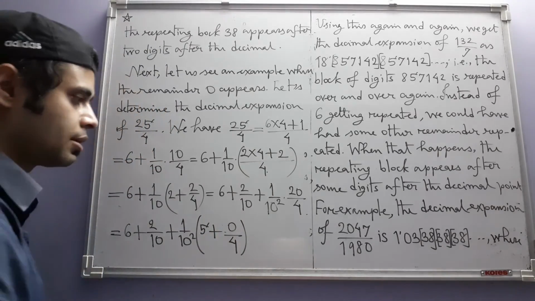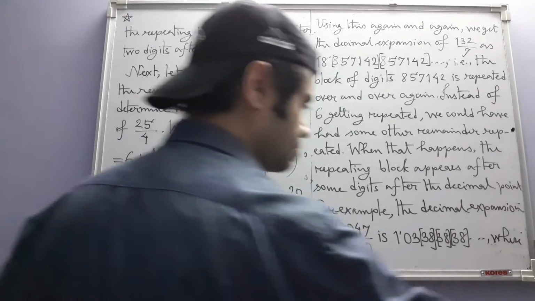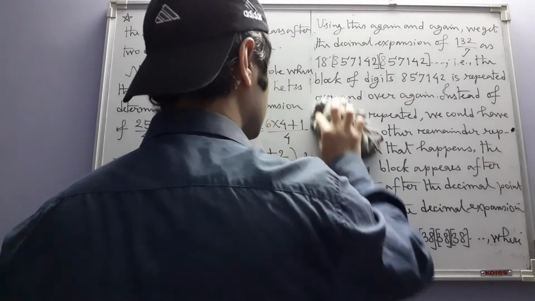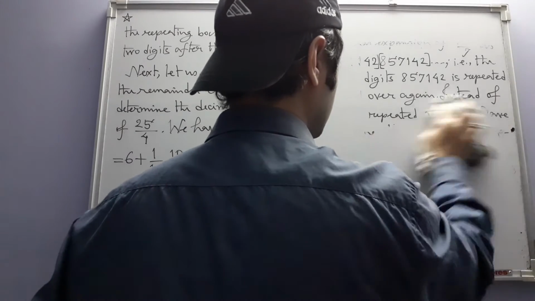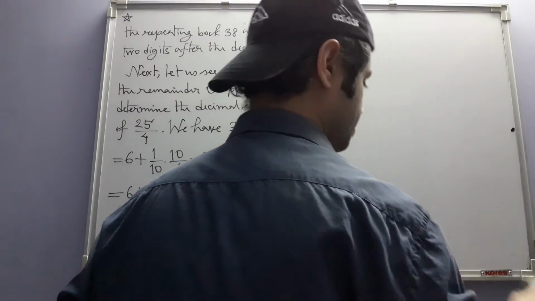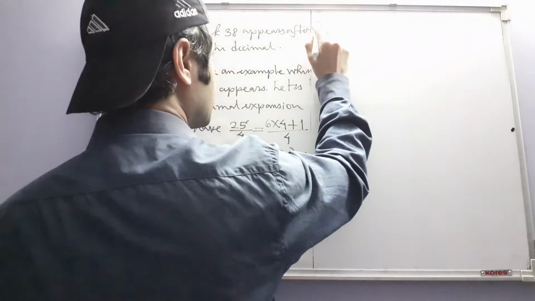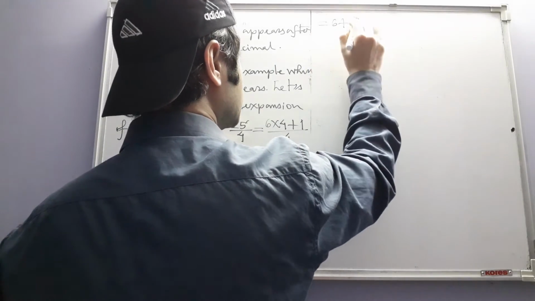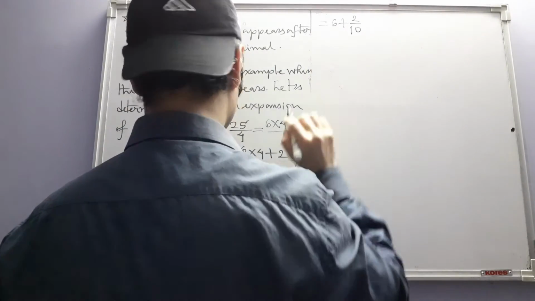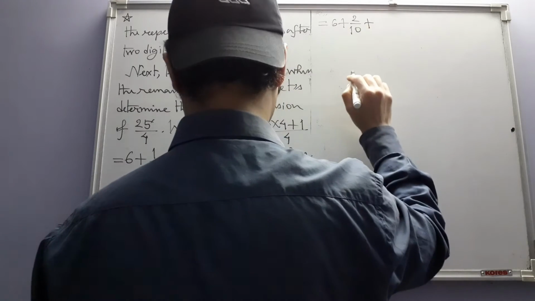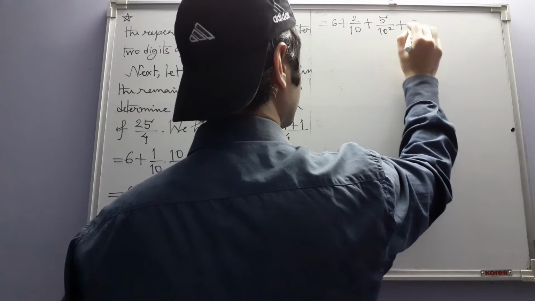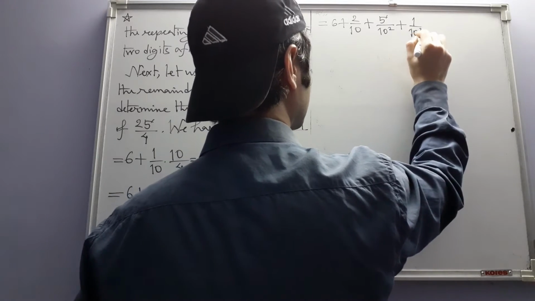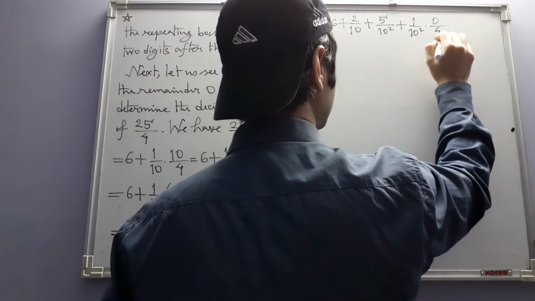That means ultimately this becomes 6 plus 2 by 10 plus 5 by 10 square plus 1 by 10 square times 0 by 4.